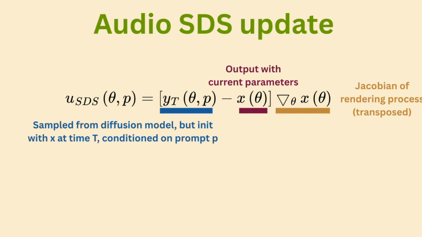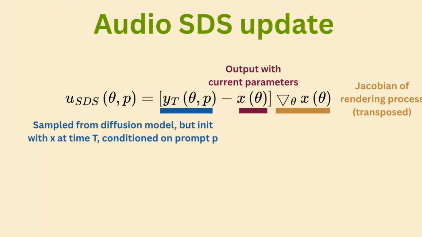We've taken the output from the current task, added some noise, and then partially sampled it. So conditioned on the prompt, we've used the diffusion model to sample, starting from the rendered output plus some noise. But we don't go to full noise.